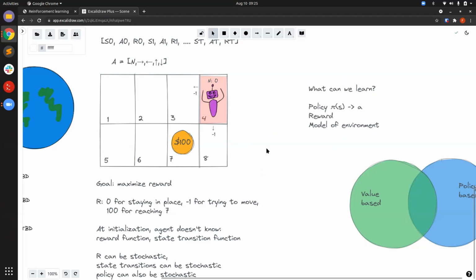So go to 5 is not really an option. An option is move right, move left, move up, move down, or do nothing.